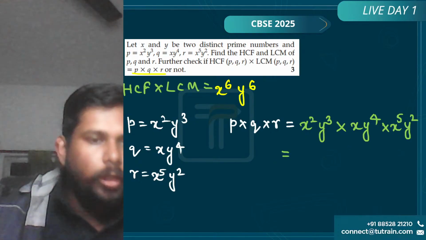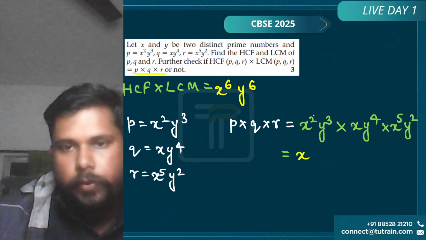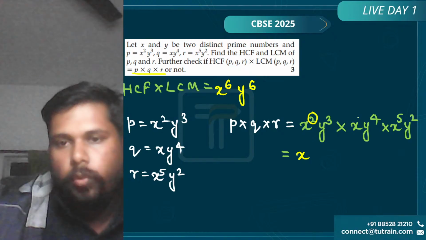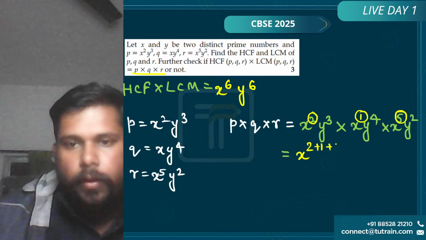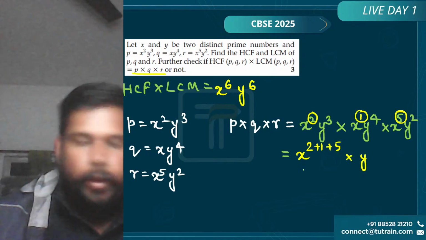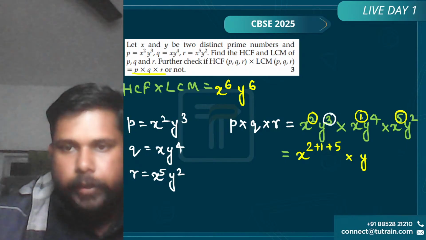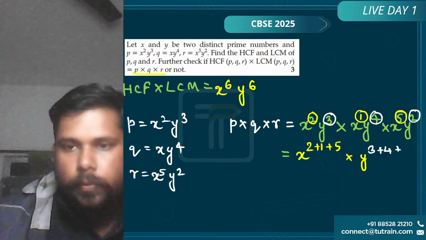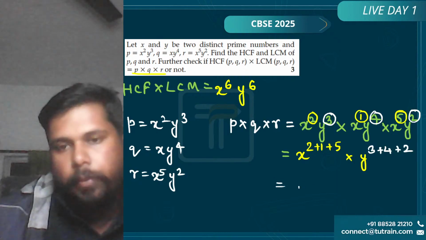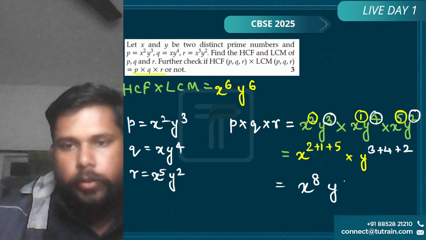Now by the laws of exponents, if you all can observe, for x this will be 2 plus 1 plus 5, and for y it will be 3 plus 4 plus 2. So that will be equal to x to the power 8 y to the power 9.